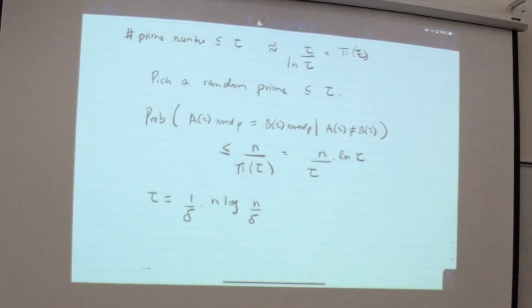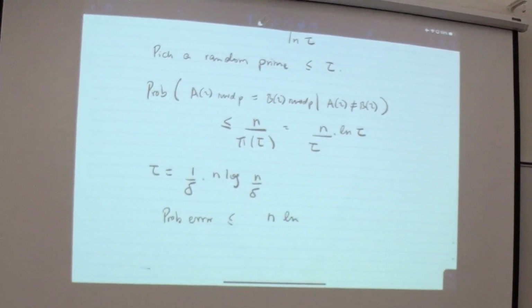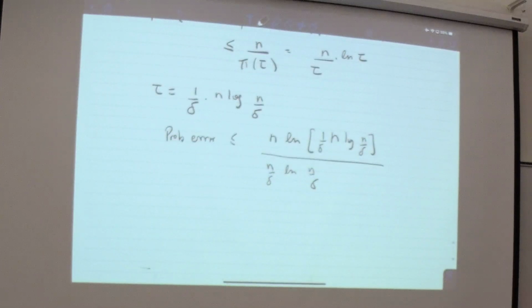If we substitute that in there, what do we get? We get that the probability of error is going to be roughly something like n log((1/delta) n log(n/delta)) divided by (n/delta) log(n/delta). We simplify this expression.